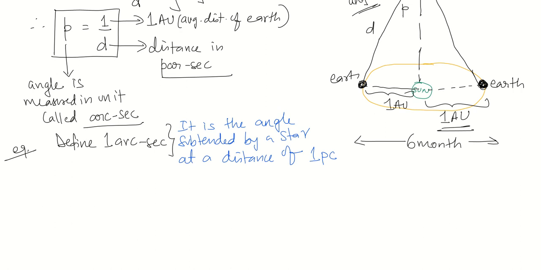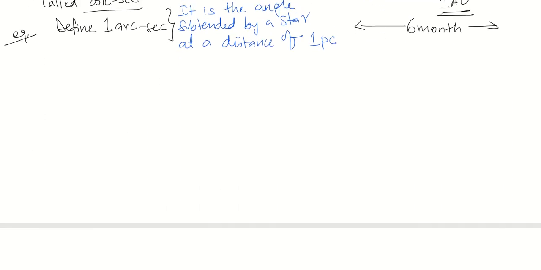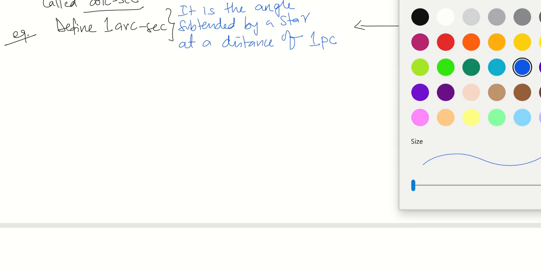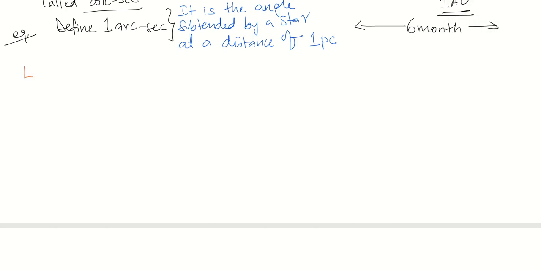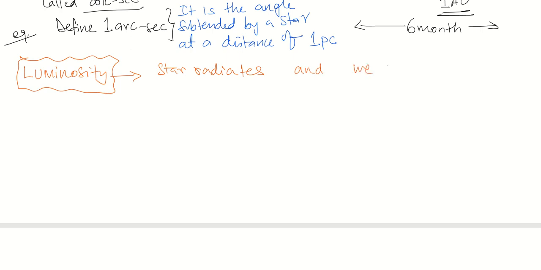Now let us go to the next concept that we have. The next concept we are going to understand is, what is luminosity? You know, from any star, two things happen. One is the star radiates, and we receive, right? There are two things here: the star radiates and we receive.